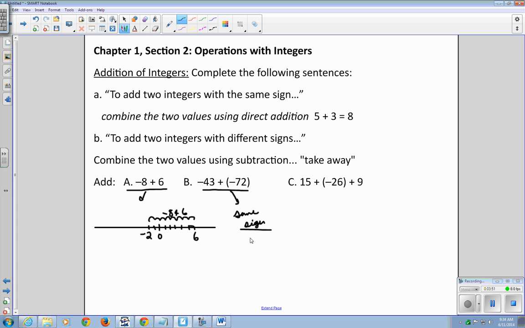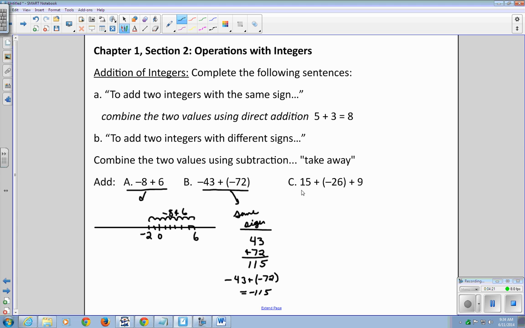So if I were to add 43 to 72, I know that adding these two gives me 5. 3 plus 2 is 5. 4 plus 7 gives me 11. 115. So my result, negative 43 added to negative 72, will be negative 115.